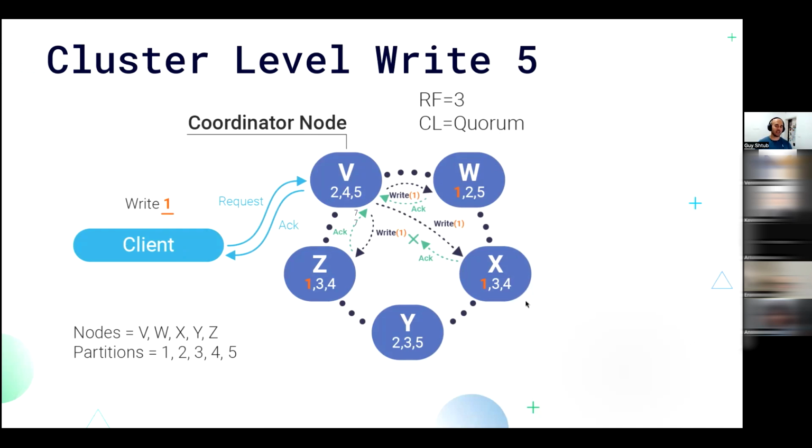In the same exact example, if the consistency level here was all, and that means all 3 replica nodes need to acknowledge the request, in that exact same scenario, then node V would return a failure to the client. Okay, so this is an example of consistency level and how important it is.